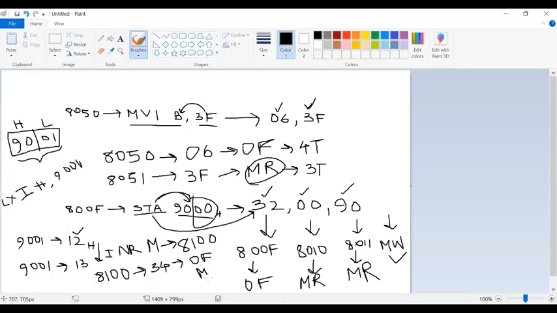Using that memory read machine cycle, the data can be identified, and when this data is identified, it will be incremented by 1, and then again it is written into the same memory location. So what will be the next machine cycle? What will be the last machine cycle?